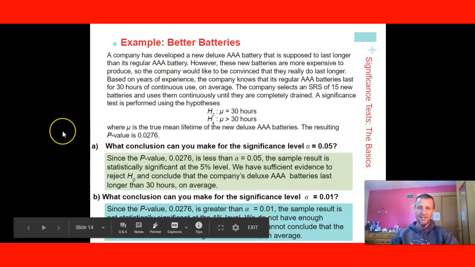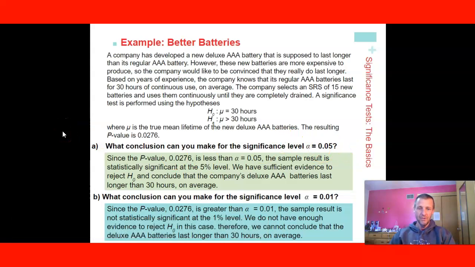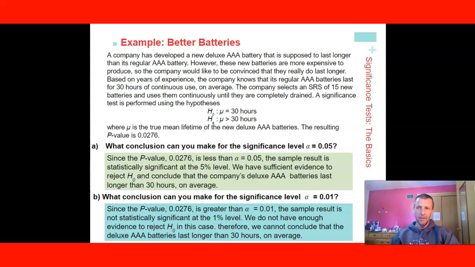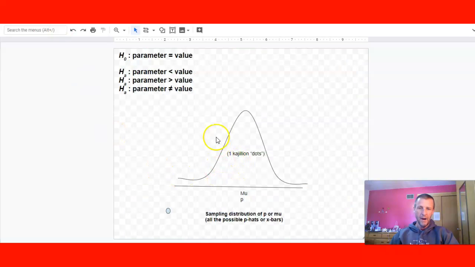As we go through these, and as we get into 9.2 and 9.3, this will continue to make more sense. But bottom line, darn it, my picture went away. Bottom line is we build a world based on this assumption, and say, this is what we expect to happen. Then we take one sample and see where it fits in this world.